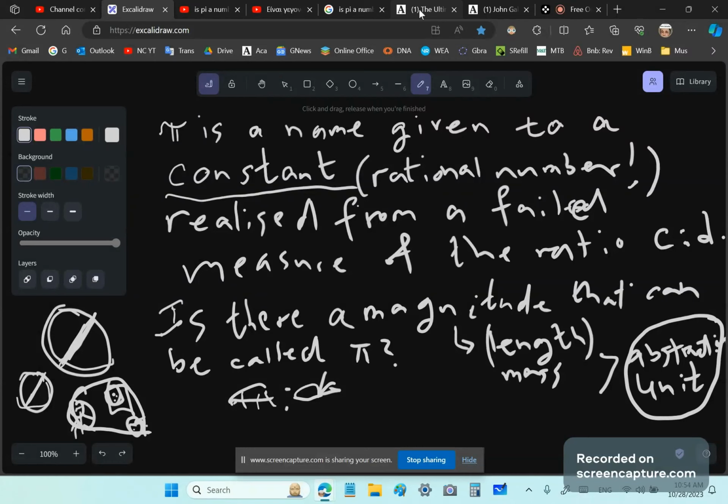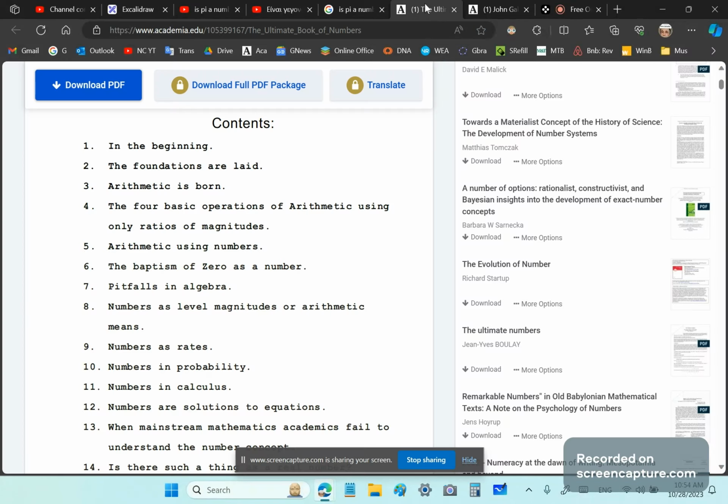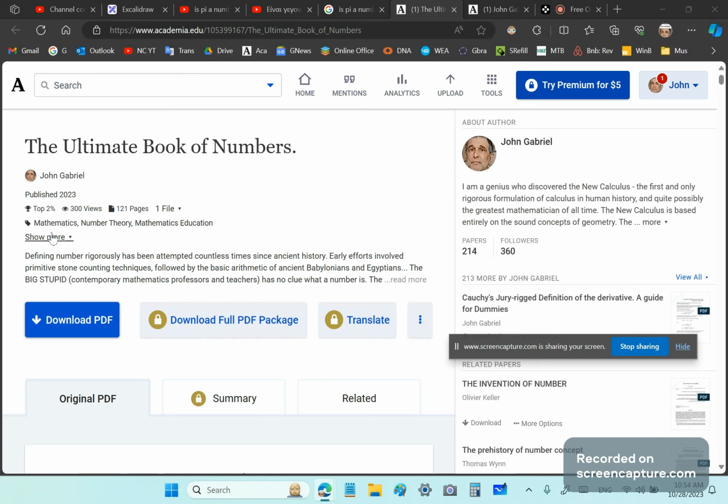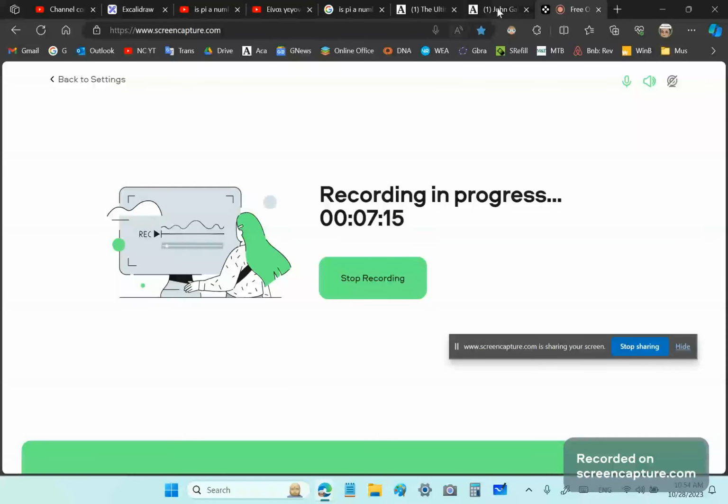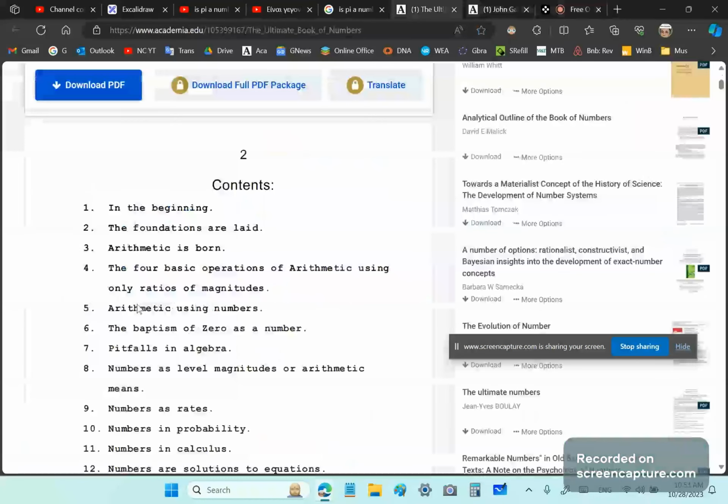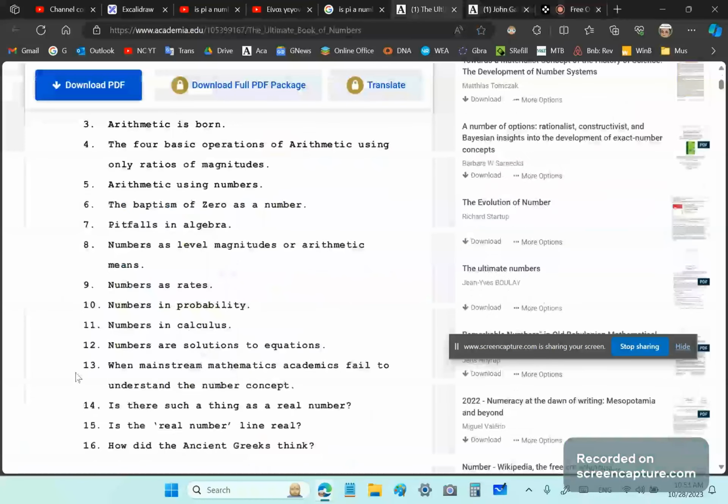So, to get all the information on this, I give you free of charge the best ever book written on numbers, the ultimate book of numbers, okay? This is in the top 2%, and I am in the top 0.1% of those read. So I'm giving this to you, the ultimate book of numbers, free of charge. It's not always going to be free, okay?